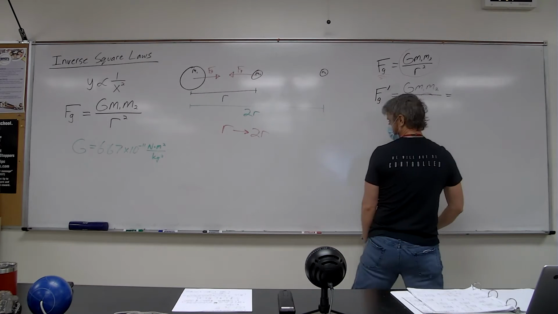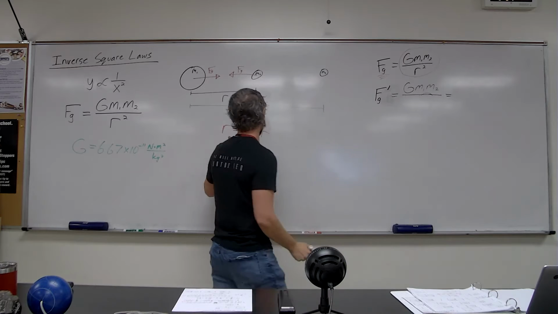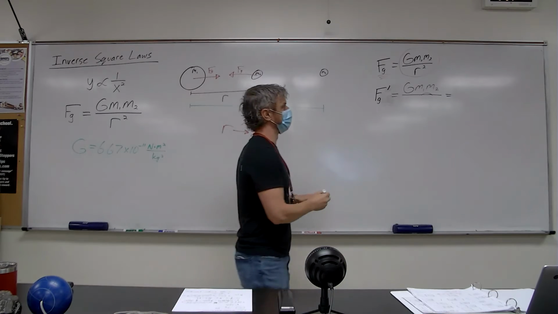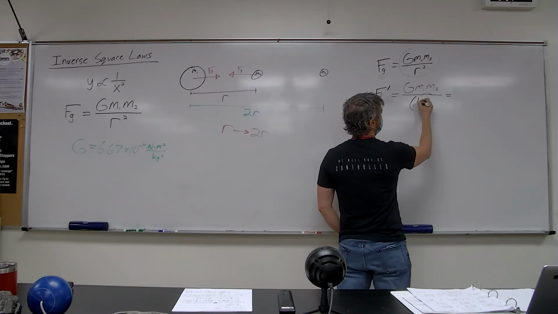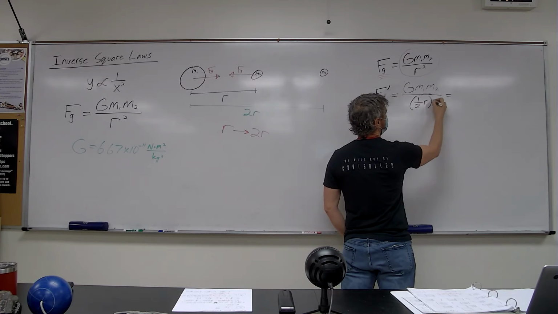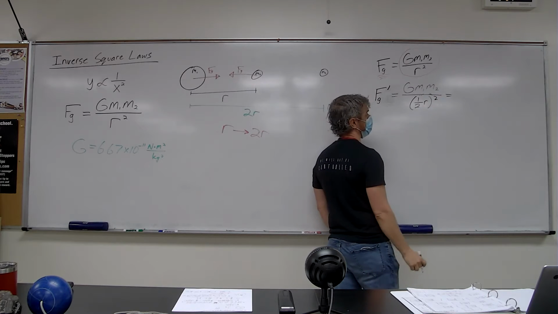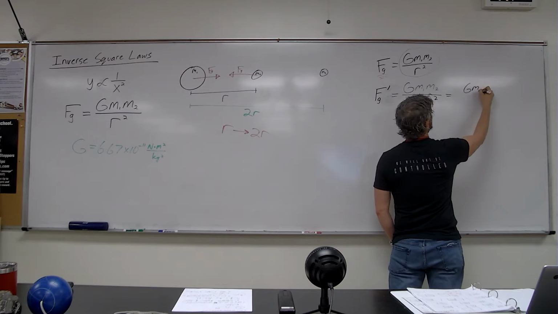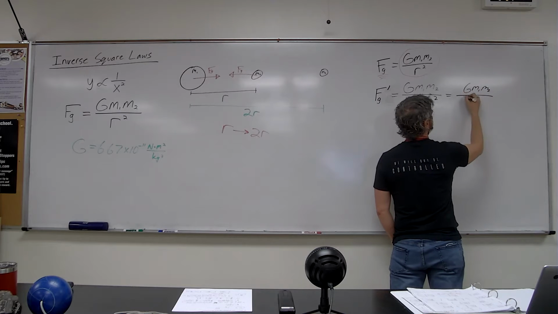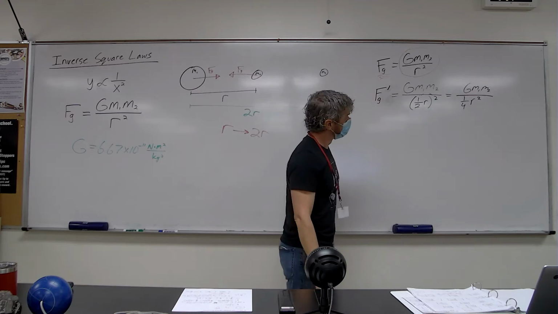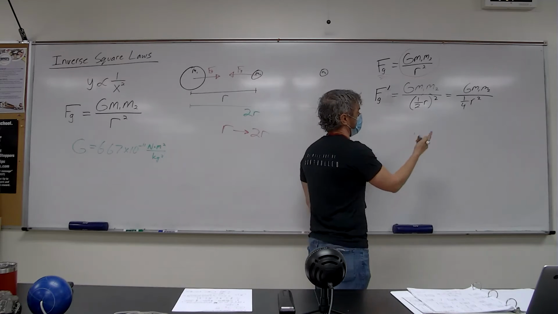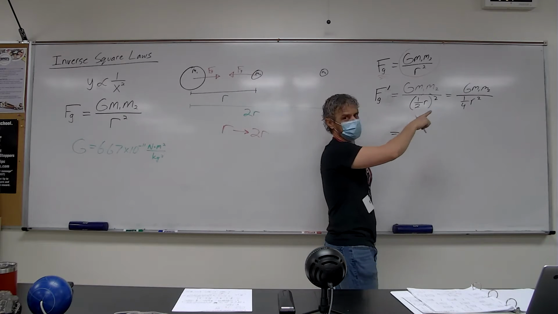Just so you know, if instead we cut the distance in half, the reason we end up with 4 times as much is because I replaced r with 1/2 r. So when I have 1/2 r in the denominator and it gets squared, I have big G m1 m2 over 1/4 r squared. Well, that's a compound fraction. I'm going to rewrite that because that makes me uncomfortable writing it like that.